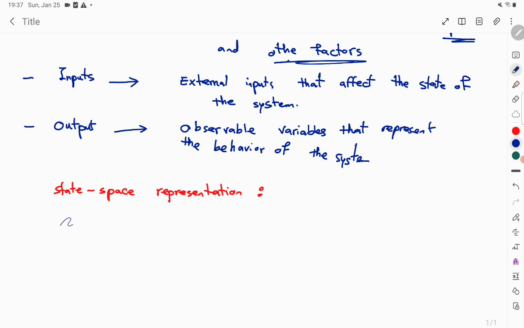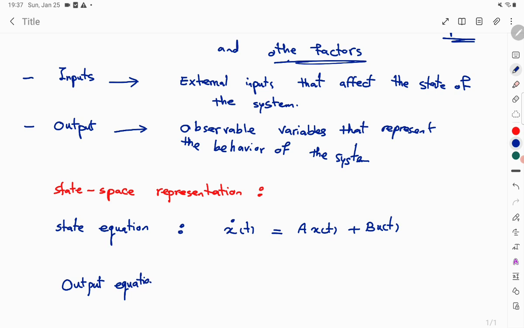The first one is the state equation: x dot of t equals A x of t plus B u of t. And we will have the output equation, which is y of t equals C x of t plus D u of t.